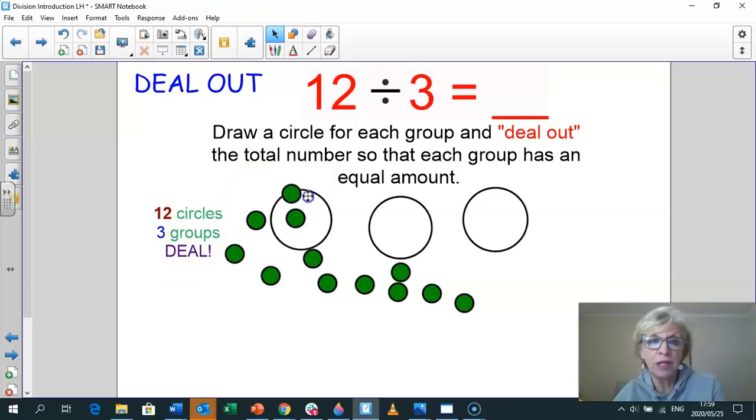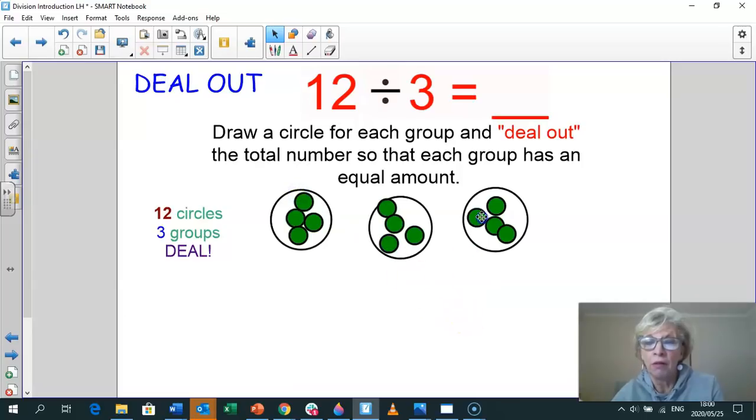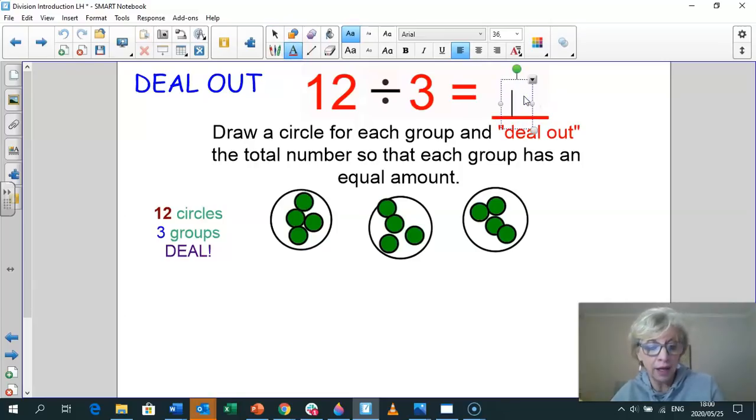So let's assume these are 3 children sharing 12 marbles. And there I go. 1 for you, 1 for you. This is what I'm doing. I am dividing them up. 12 divided by 3. And the answer is 4, of course. There it is. 12 divided by 3 equals 4. That is our deal out strategy, dealing out method.